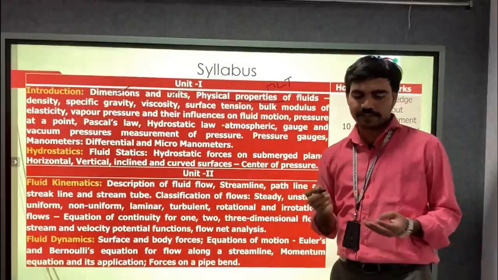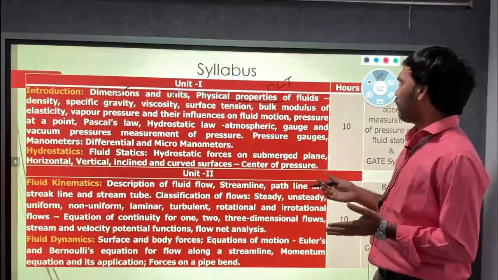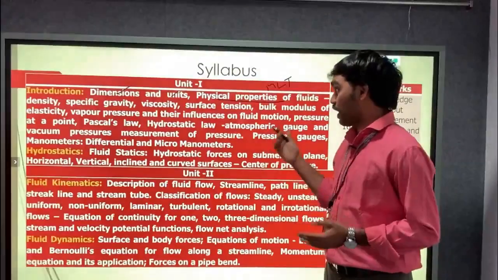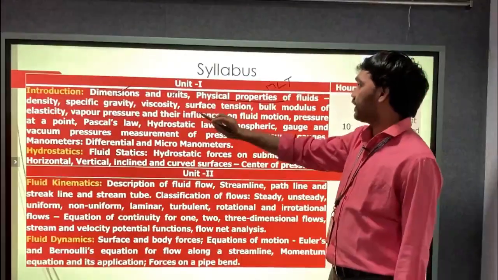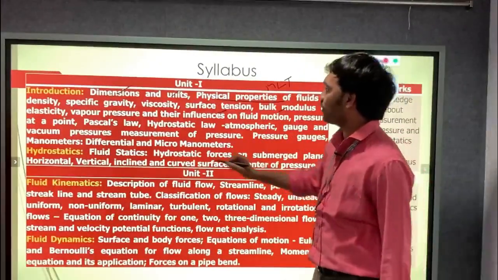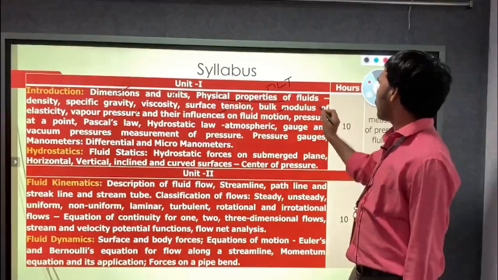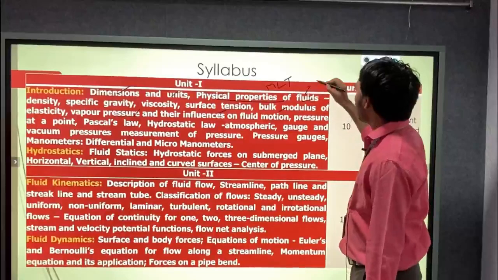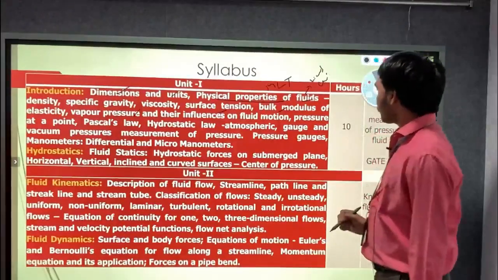In the first unit we are discussing what a fluid is and how it is different from solids, and liquids and gases. We are also discussing density, specific gravity, viscosity, surface tension, bulk modulus of elasticity and vapor pressure. These are the important properties of the fluid. Fluids cover both liquids and gases.